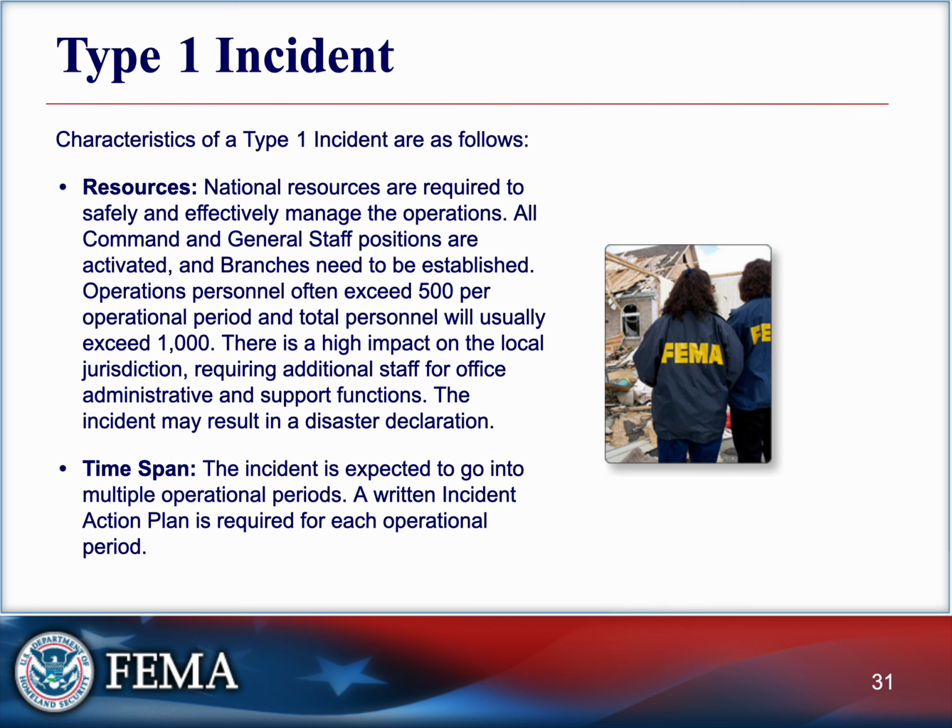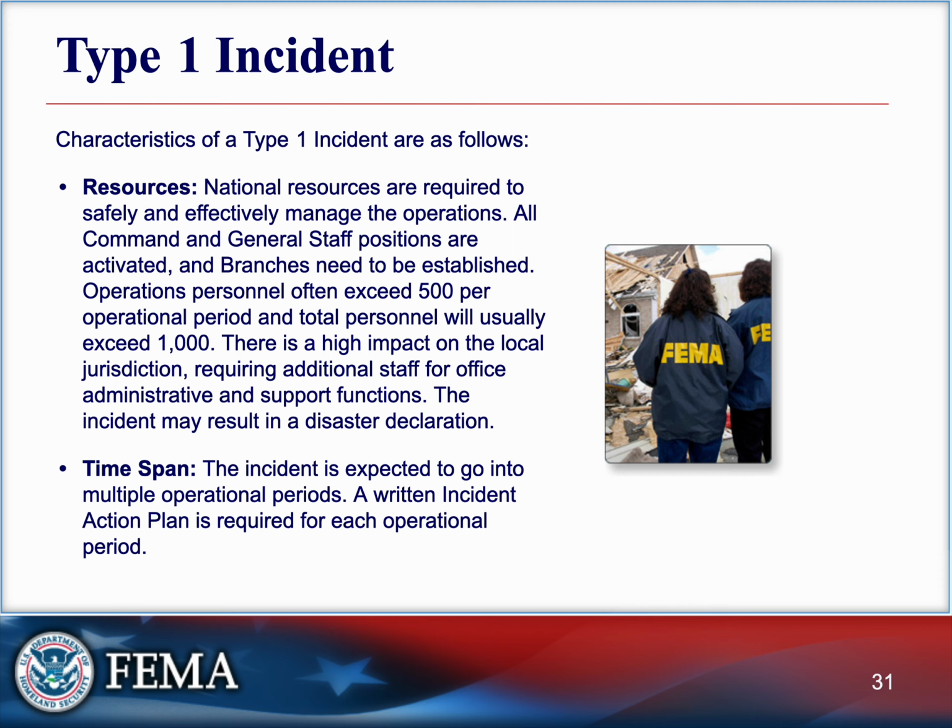And now on to a type 1 incident. This is the biggest of the big. Over 1,000 personnel. Full ICS structure with all branches, usually, and it may require a disaster declaration. Often involves federal agencies on top of all the mutual aid and everyone else assisting.